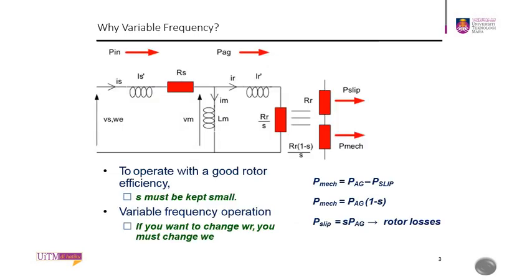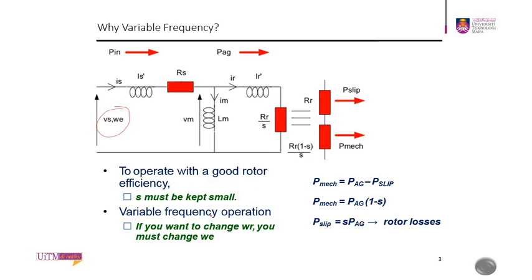If you remember the equivalent circuit from the past lecture, you have your Vs and your omega E, that is the electromagnetic field speed. In order to operate with a good rotor speed, which we call omega R, the slip must be kept small.